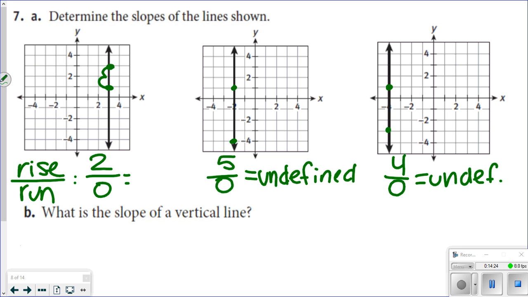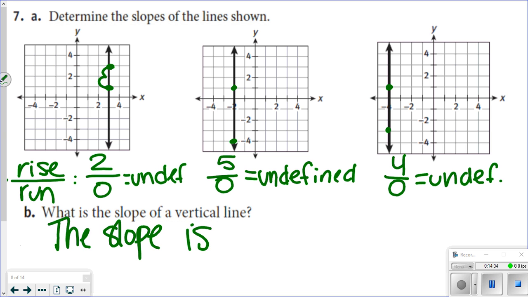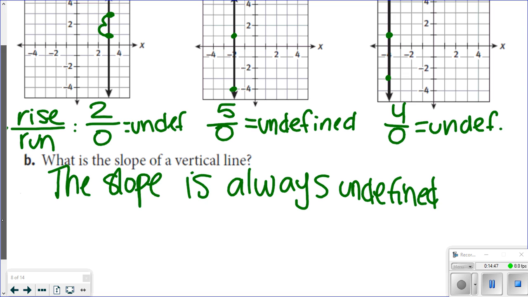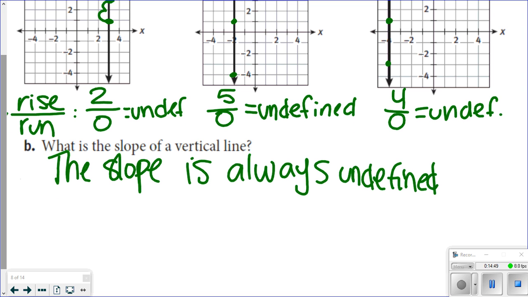Okay, so the slope of a vertical line is always undefined. So we cannot divide by 0, so it's undefined.